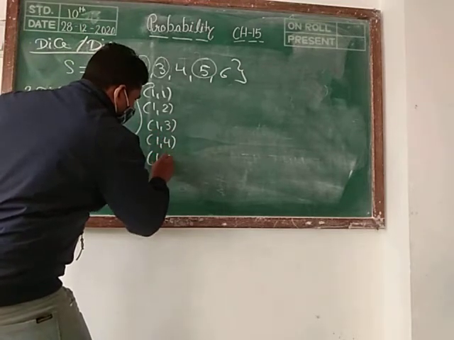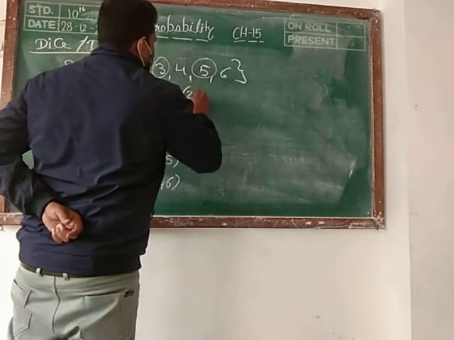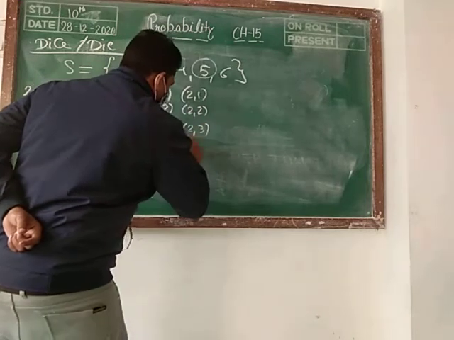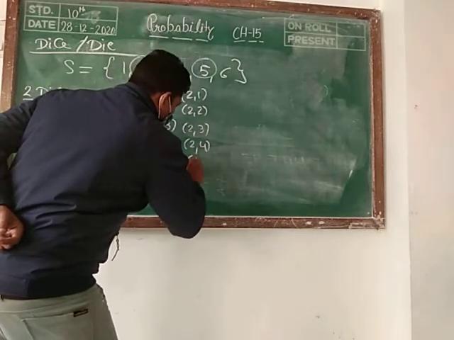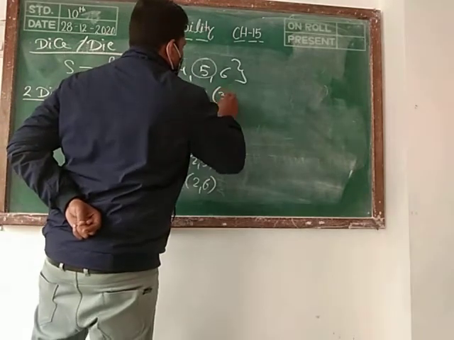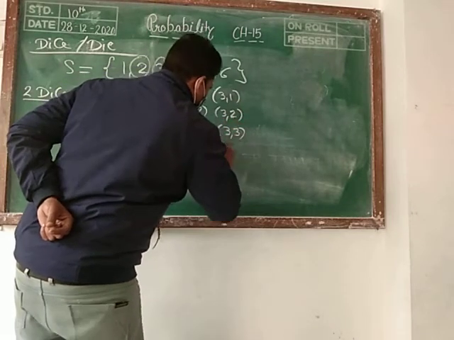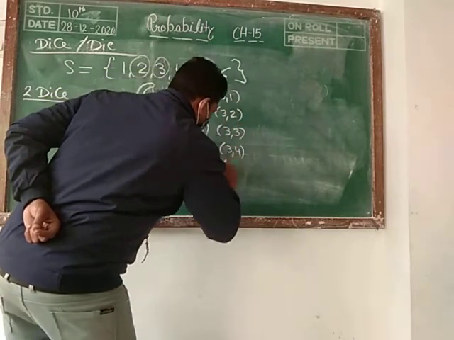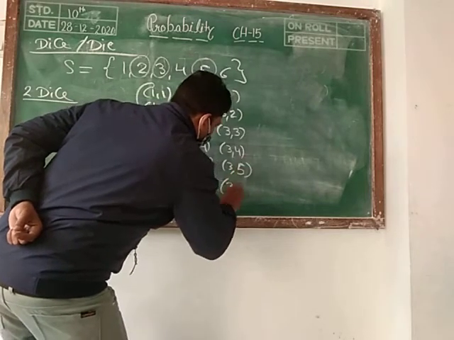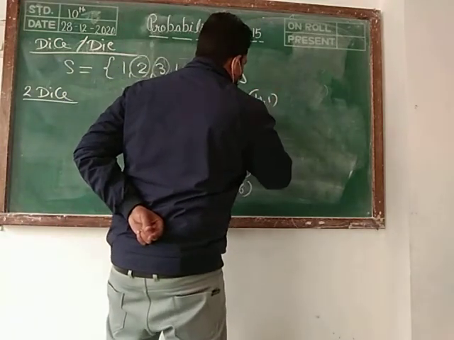Write down all the outcomes what we are getting if you are throwing 2 dice together. And when we are writing the sample space, then concept should be in your mind up to which value you have to write.